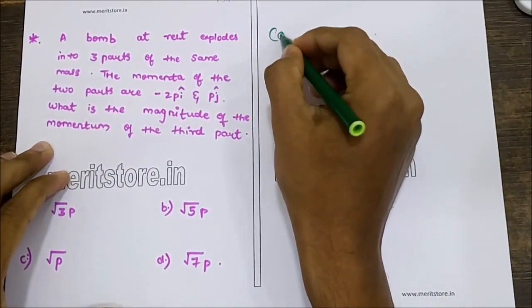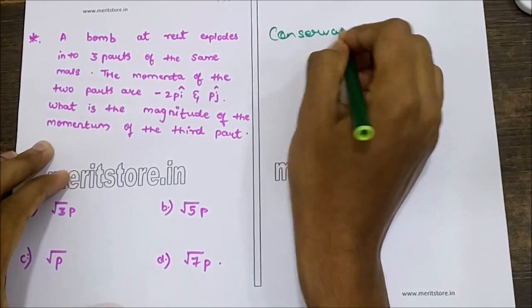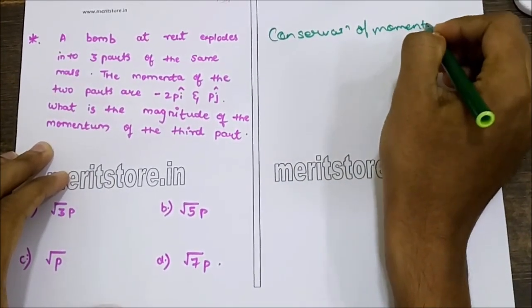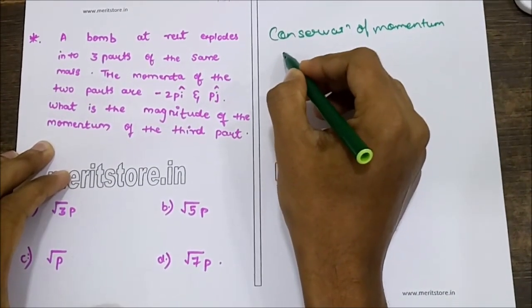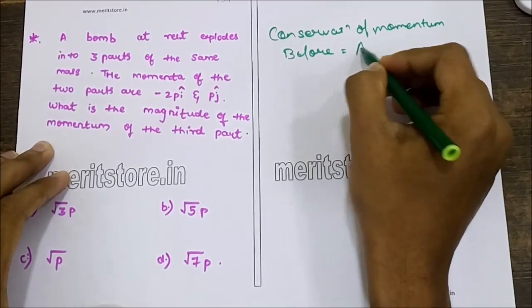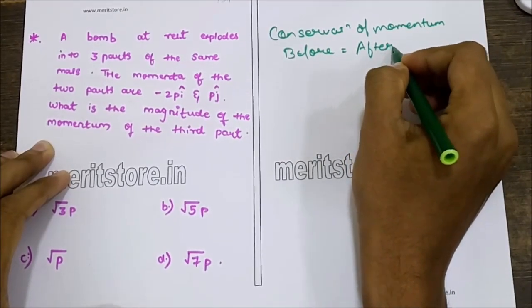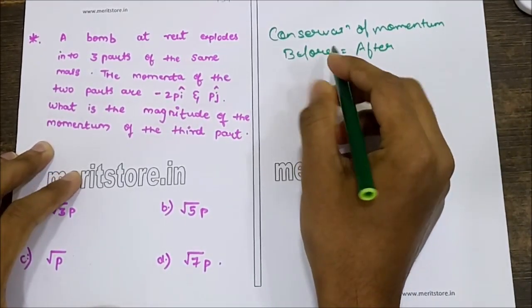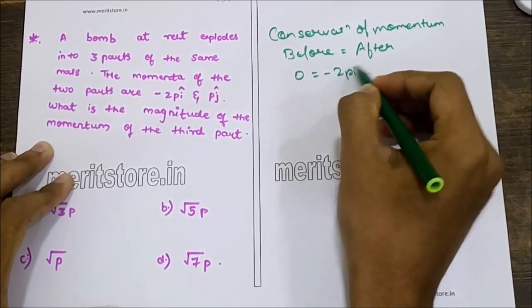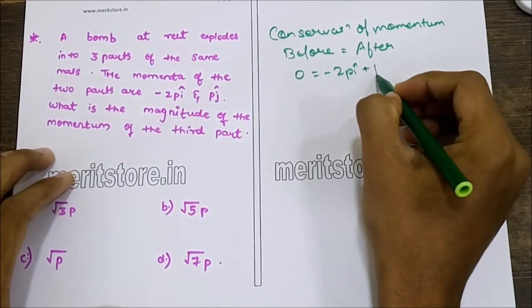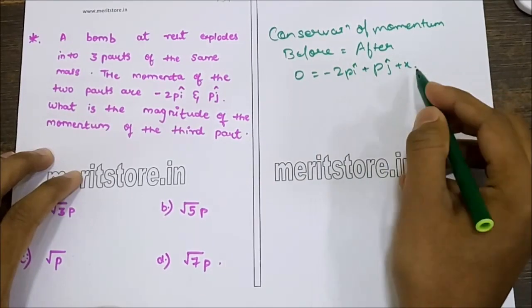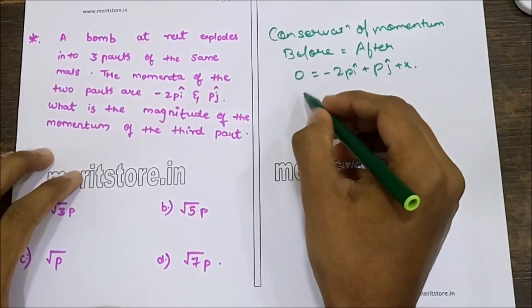Applying conservation of momentum, momentum before explosion is equal to momentum after explosion. Therefore, 0 is equal to minus 2p i cap plus p j cap plus x. Let x be the momentum of the third part.